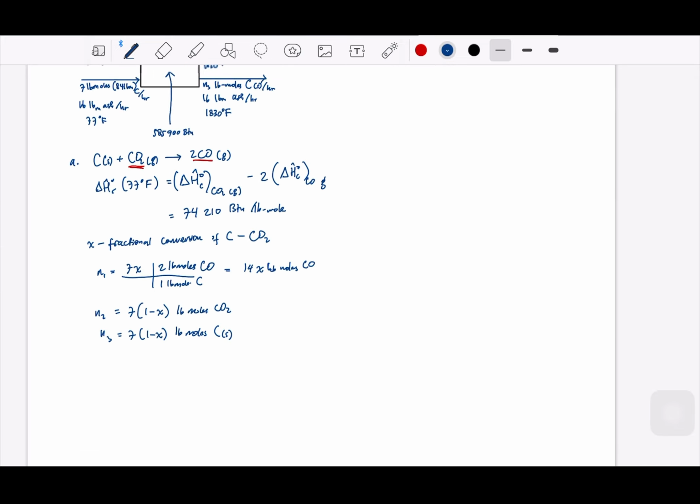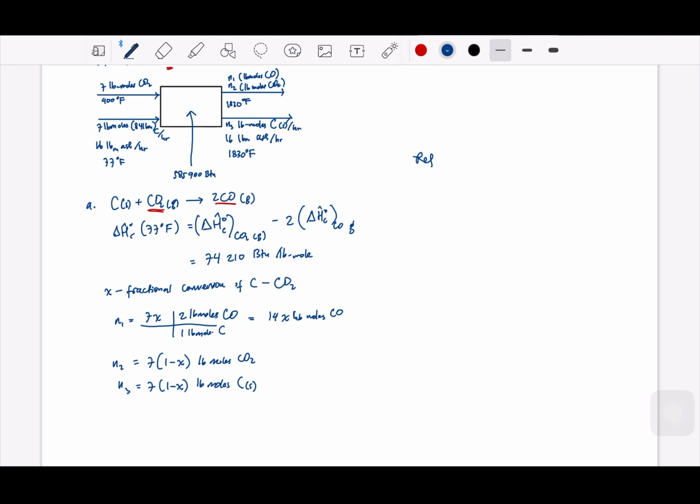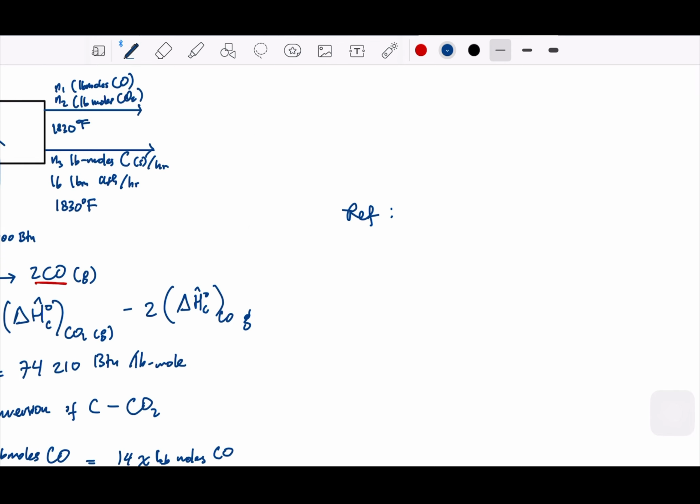Now we take the reference. Take the reference C, CO2 and CO at 77 Fahrenheit, and CO2 at 400 Fahrenheit. We get it from table B9, sorry, table B9.